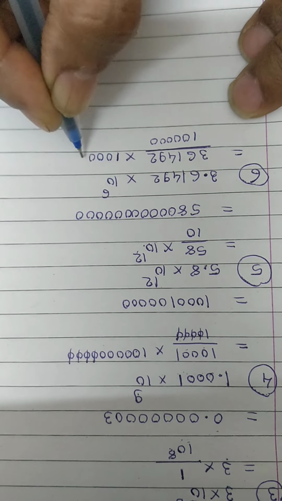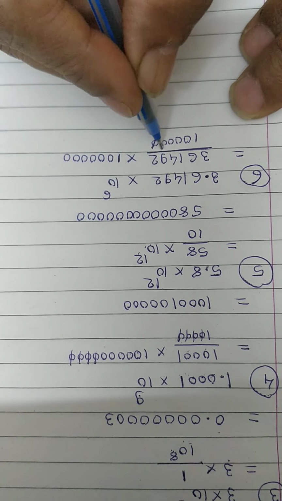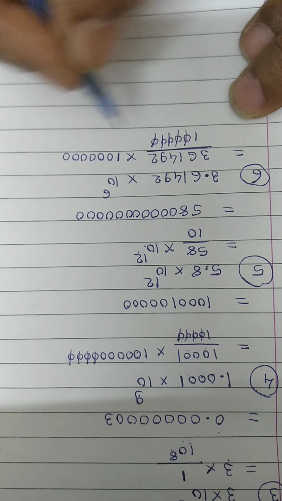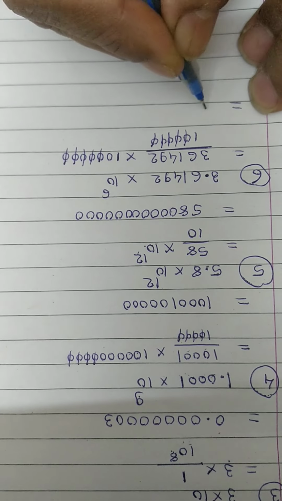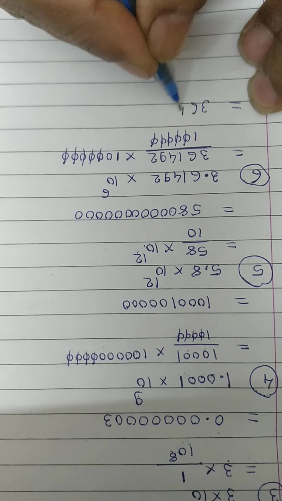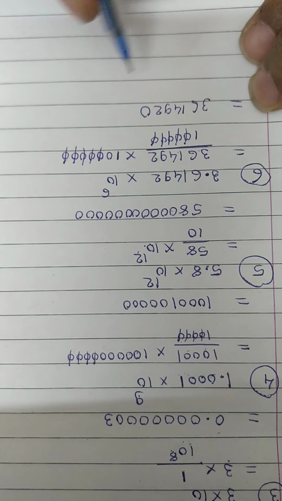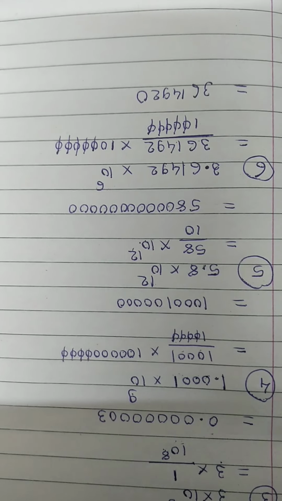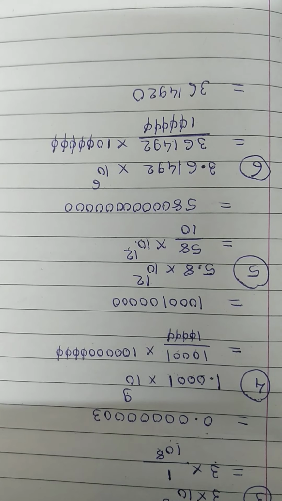So 5 zeros will be cut. So 3, 6, 1, 4, 9, 2 and 1 zero. Okay, this is the usual form of the given number.